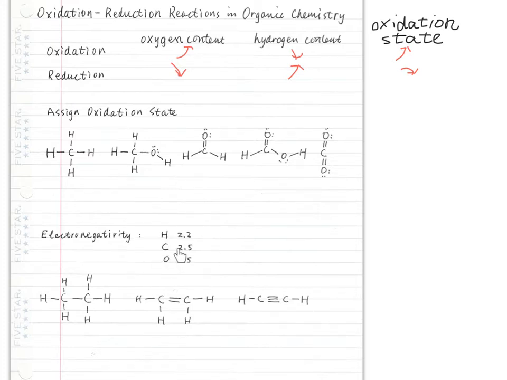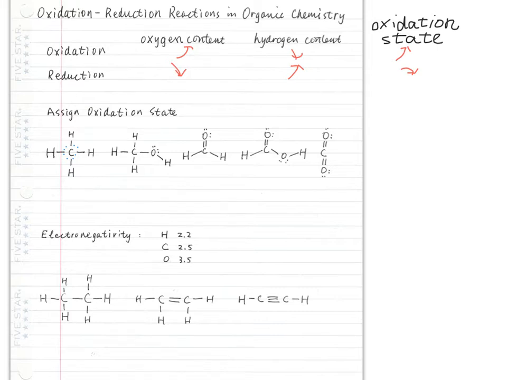So when carbon and hydrogen form a sigma bond, because carbon is more electronegative, we can assign the electrons between carbon and hydrogen to the orbital of carbon. And same thing for the rest of the 3 carbon-hydrogen sigma bonds.